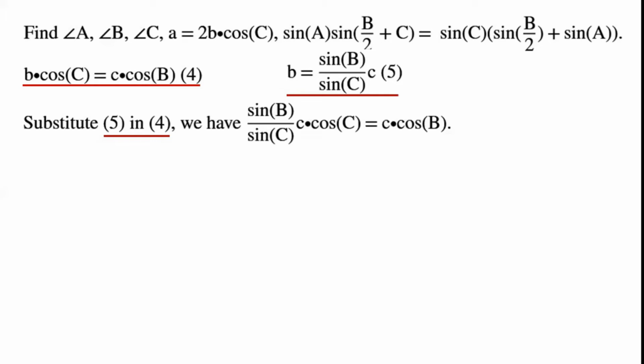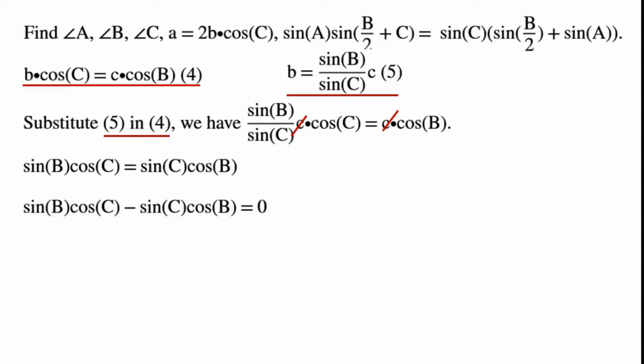We have (sin B / sin C) times c cos C = c cos B. The c on the left-hand side of the equation and that on the right-hand side cancel. So sin B cos C = sin C cos B.